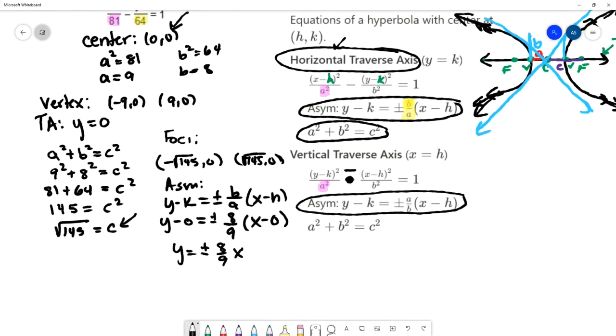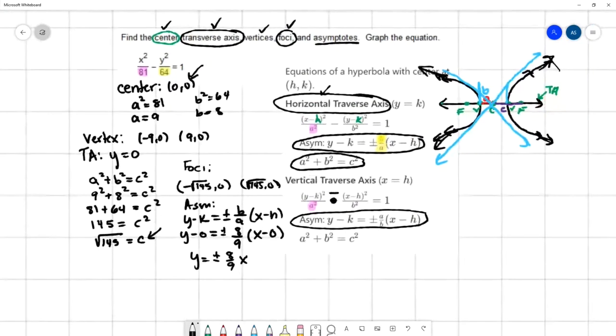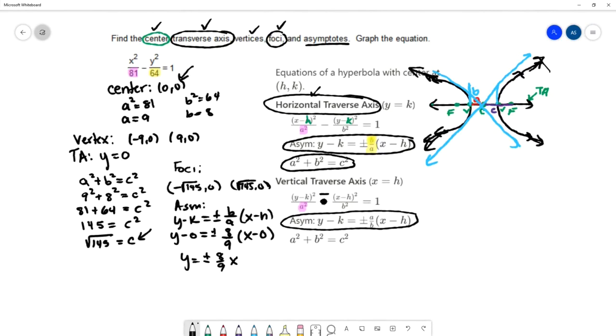So let me just zoom out a little bit so you can see everything that we worked on there. Okay, it does want us to graph the equation. We have our center at 0, 0. If I go 9 to the left, that's going to get to a vertex, 9 to the right, another vertex.